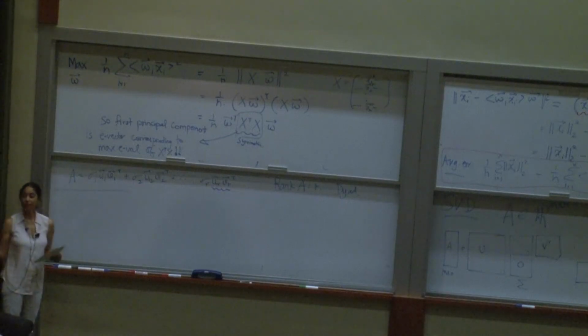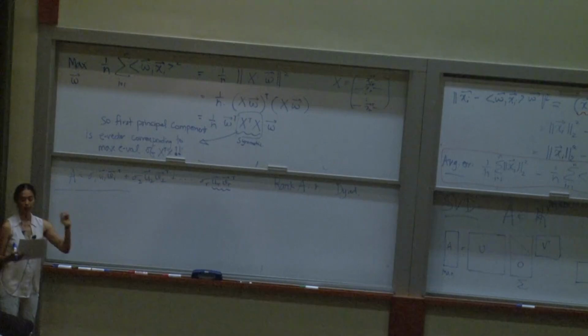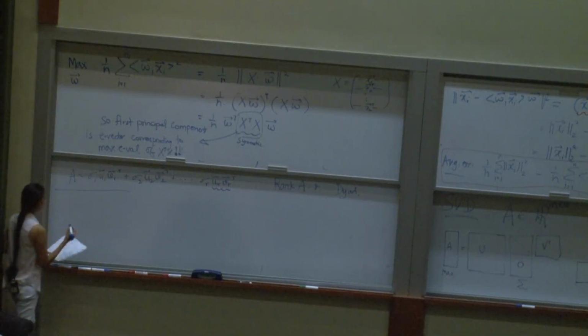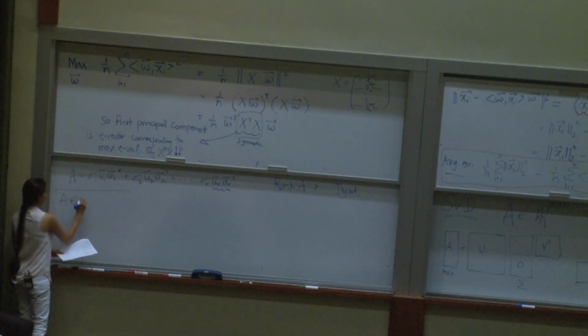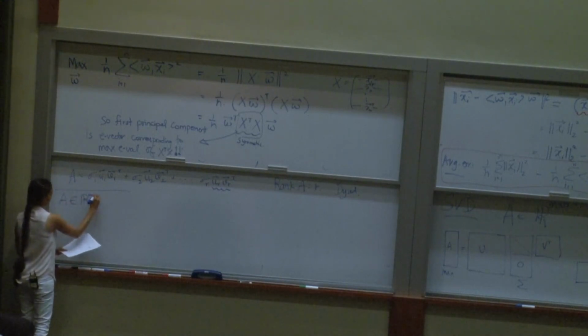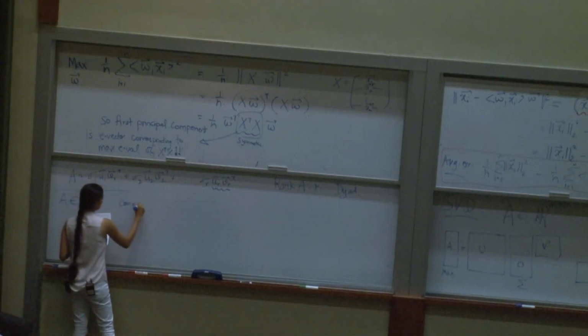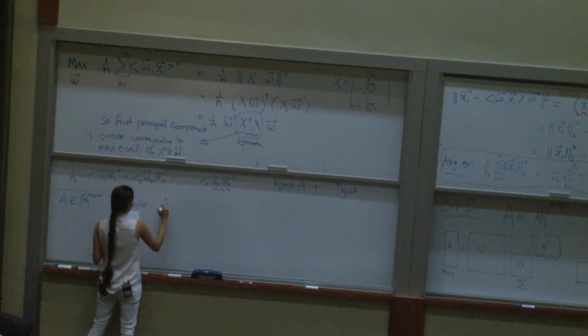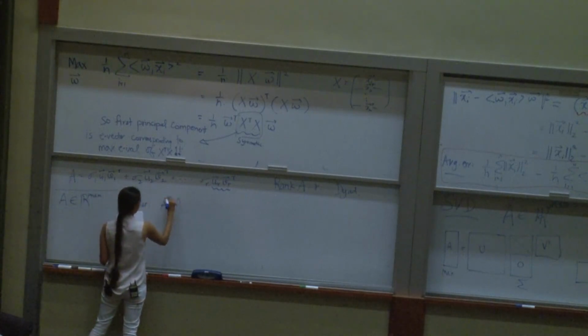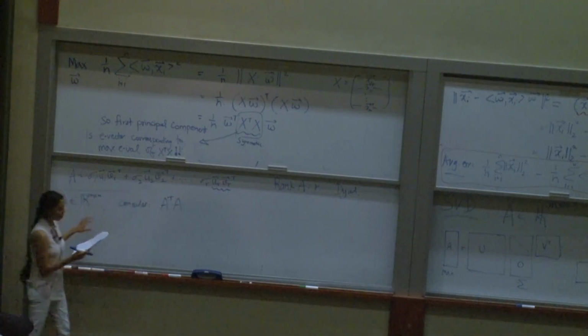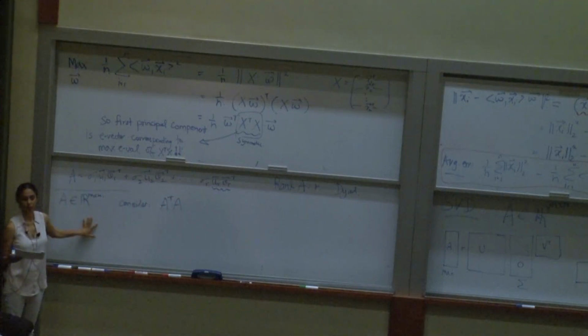So the singular value decomposition of a matrix is very connected to the eigenvectors of the corresponding symmetric matrices. For example, let's say I have this A, which is m by n. I'm going to consider the symmetric matrix A transpose A. And what do I know about this symmetric matrix A transpose A?